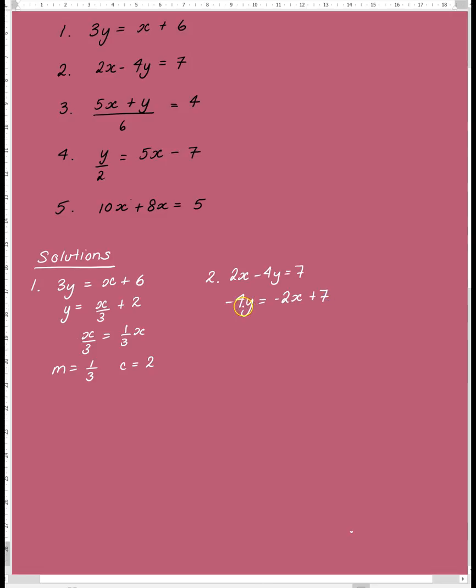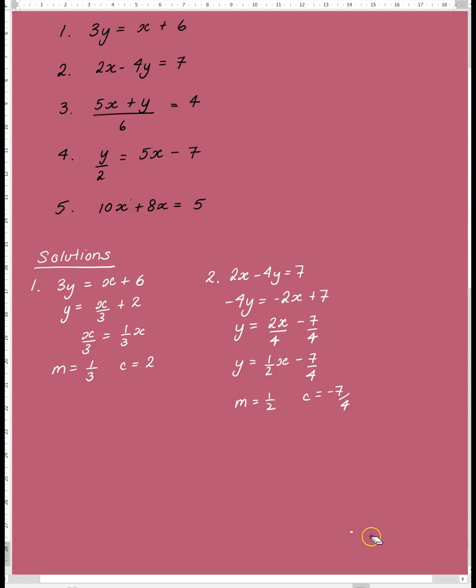And now to get rid of the times -4, we're going to divide. Negative divided by negative becomes a positive, and a positive divided by a negative is a negative. I'm going to keep going a little bit further, because 2 over 4 is the same as a half. Now I can write that as a half x, or I could have written that as x over 2. And so my slope is a half, and my y-intercept is -7 over 4.